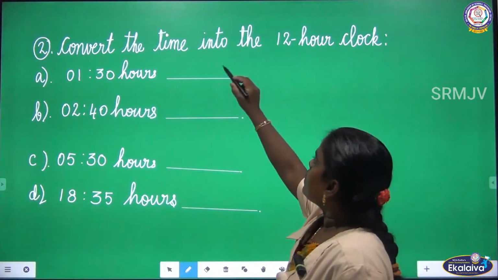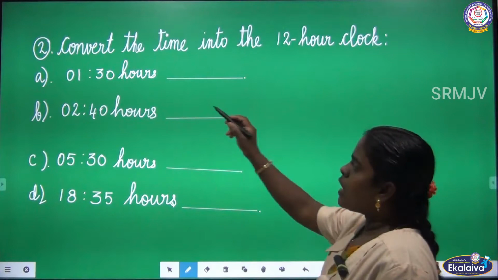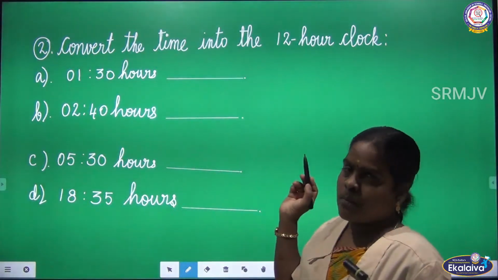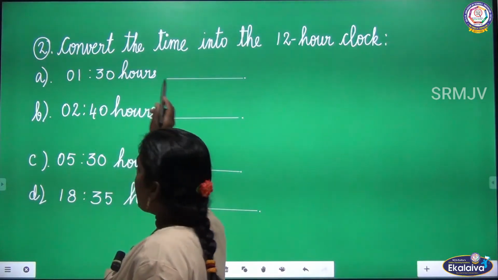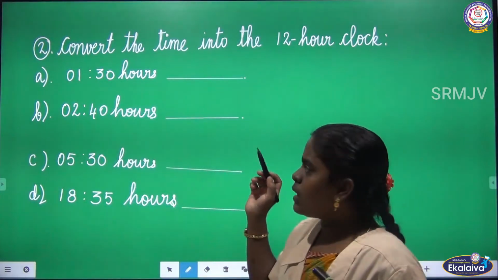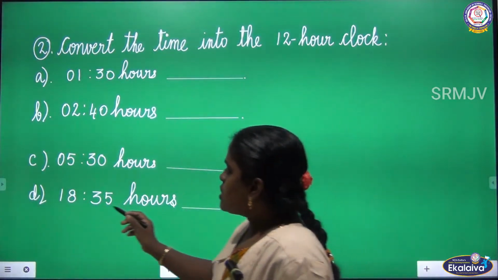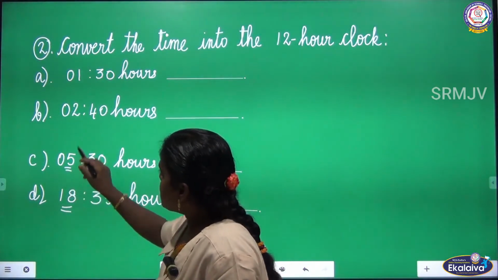Convert the time into the 12 hours clock. We are going to convert the given time into 12 hours clock. Look at the first question. 1:30 hours. Listen children, when 24 hours clock is given, you just look at the hours place.